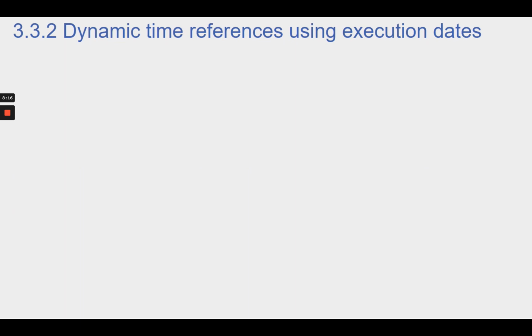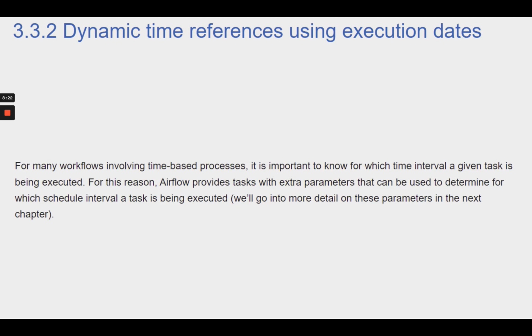Section 3.3.2, Dynamic Time References Using Execution Dates. For many workflows involving time-based processes, it is important to know for which time interval a given task is being executed. For this reason, Airflow provides tasks with extra parameters that can be used to determine for which schedule interval a task is being executed.